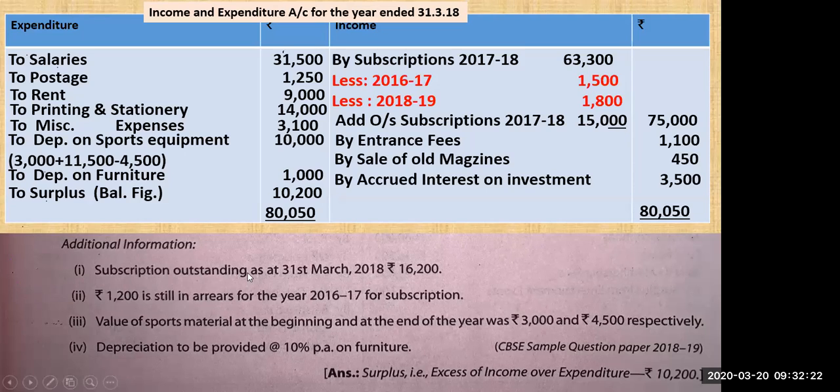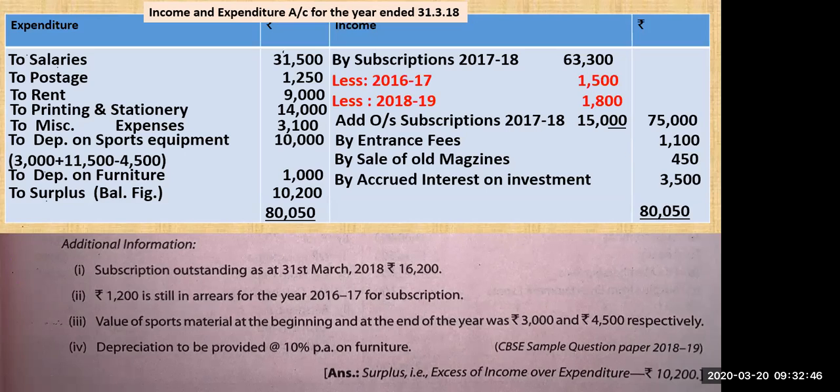Yes, sir. This language, subscription outstanding as at 31st March 2018, 16,200, means total outstanding on this date was 16,200, out of which 1,200 relates to previous year. So actual outstanding for current year is 15,000. Is it clear? Yes, sir.